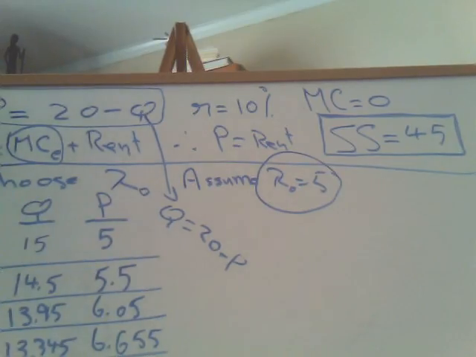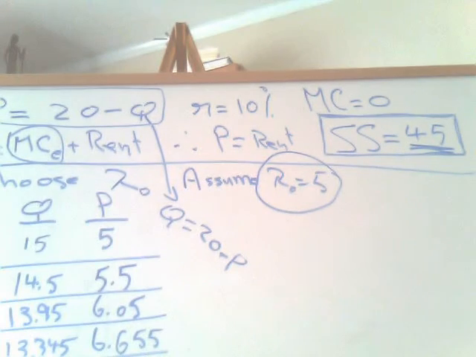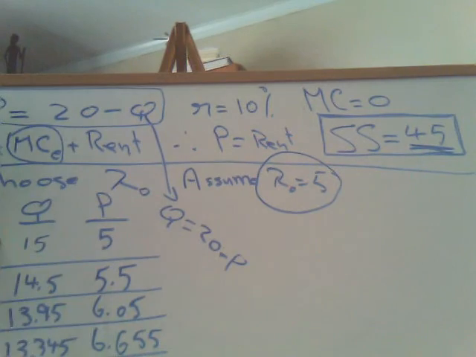When the quantity is 0, the maximum price is going to be 20. And ideally, you want to use all your 45 by the time you get to that particular point. In this case, I have already exceeded my 45, right? And I'm not even at 7.